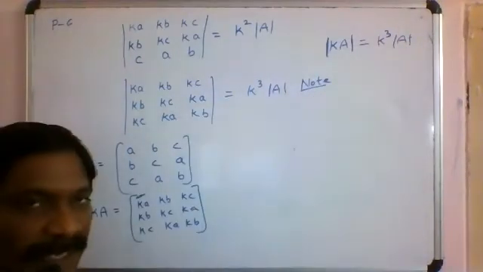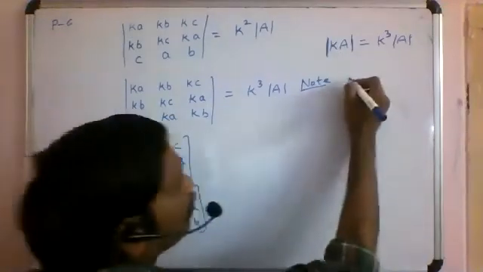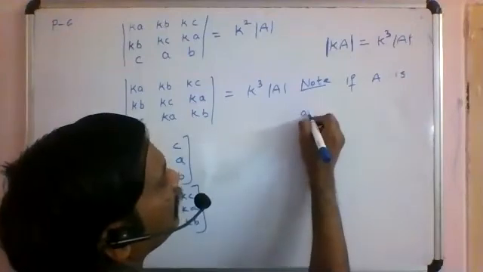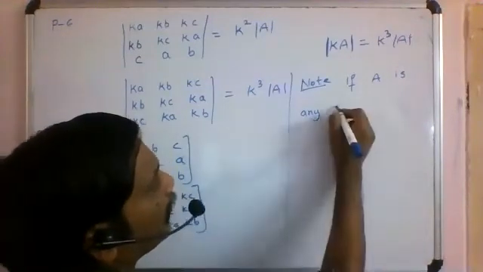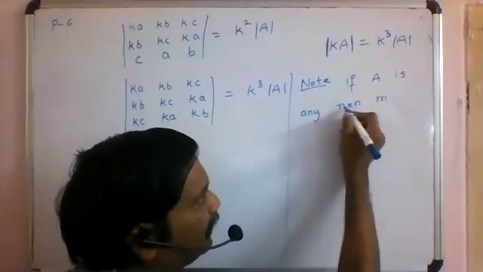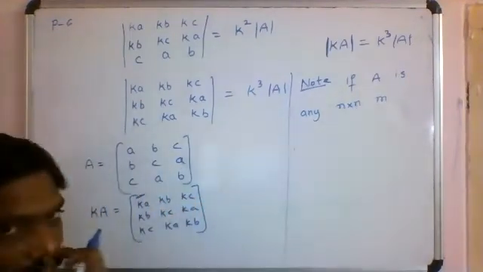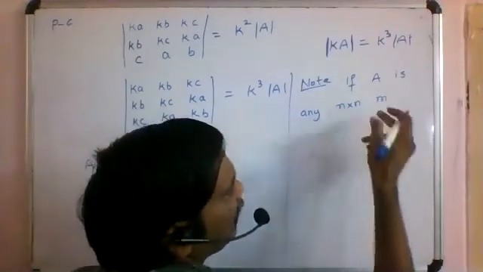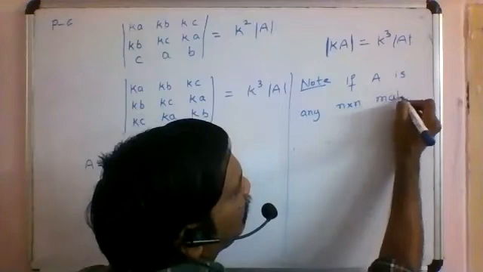If A is any n by n matrix, so here I mentioned n by n, and by here itself it indicates a square matrix. There is no need to say square matrix again, n by n matrix.